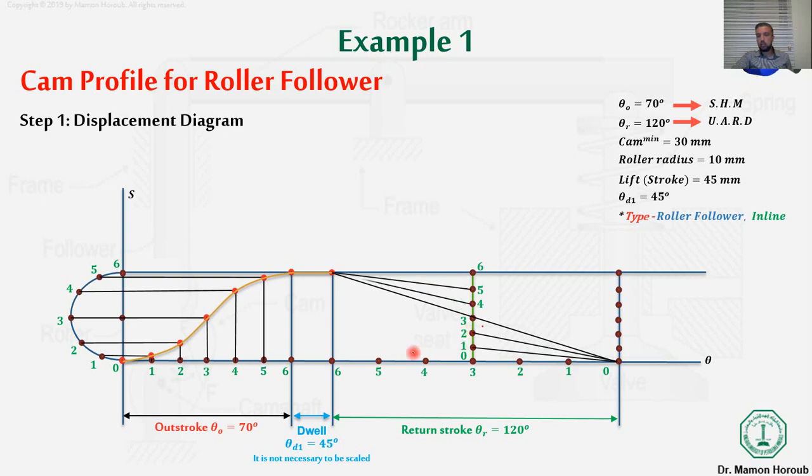After that we'll make perpendicular lines from 0 until 6, and if I make a perpendicular from 1, I will stop at line number 1.